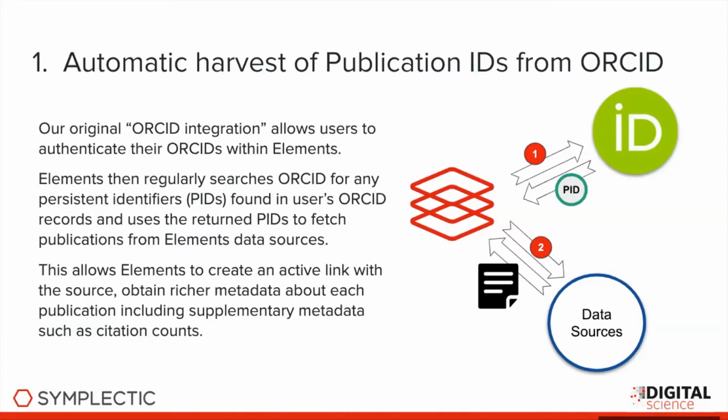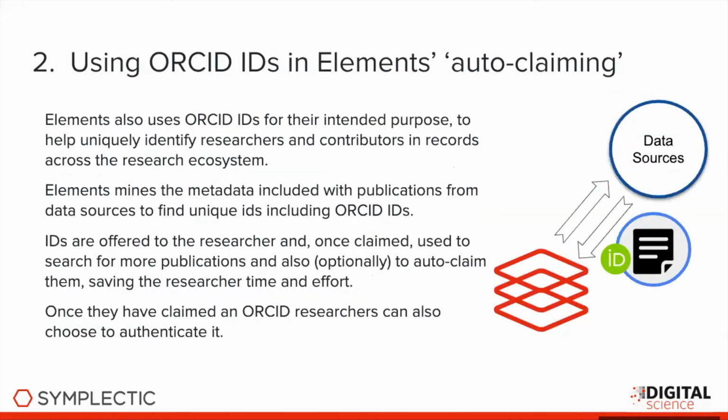The other side of the picture is the use of ORCID IDs in Elements for auto-claiming. Auto-claiming, as I'm sure most of you know, is quite a specific Elements piece of functionality that allows the system to automatically do stuff based on the presence of identifiers. And it's not just ORCID IDs that we use for this.